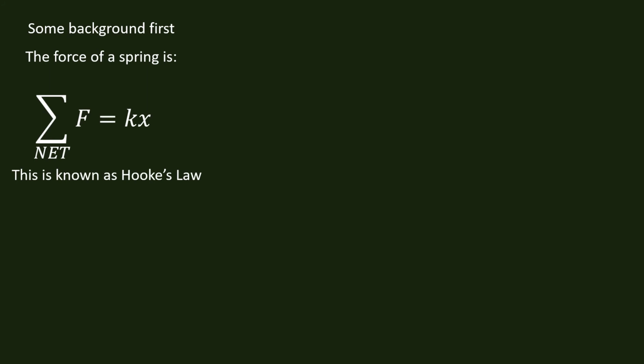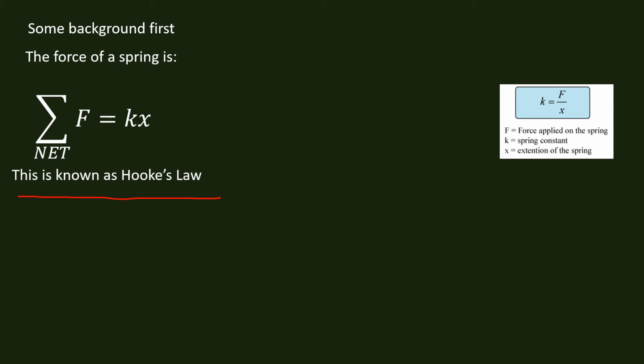Okay, so I'll give you some background first. The force of a spring is equal to kx, okay? And this is known as Hooke's law. And we see that k is actually equal to a ratio between the force and the distance the spring is stretched.